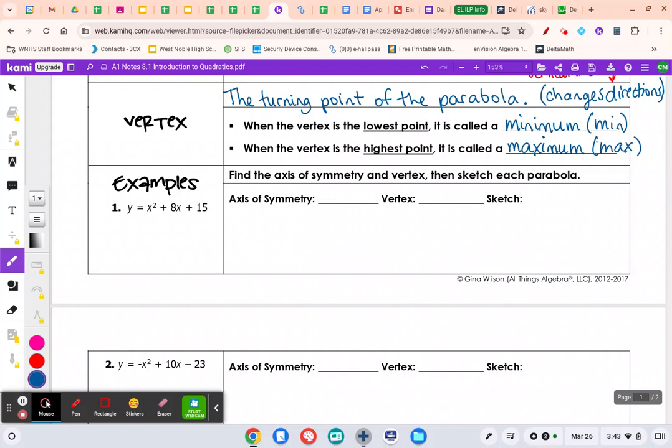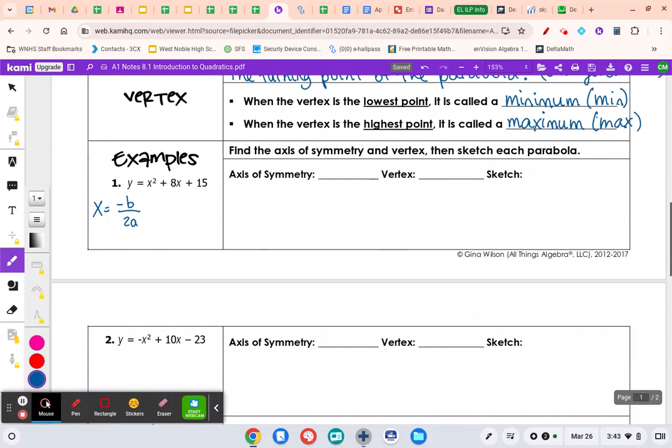So the equation for my axis of symmetry is x equals negative b over 2a. So if I need to solve for my axis of symmetry, I need to know what A, B, and C are.